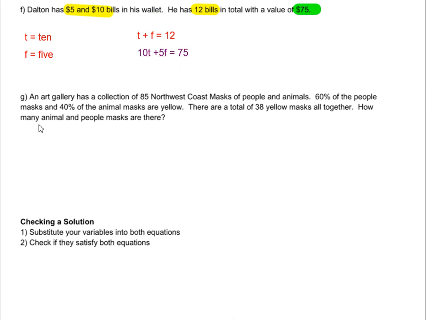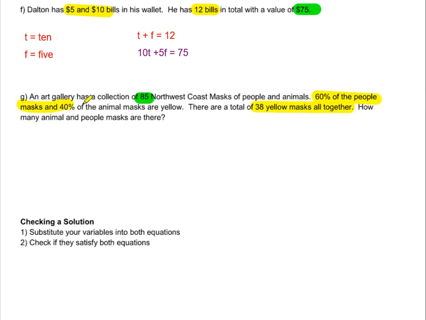An art gallery has a collection of 85 Northwest Coast masks of people and animals. So there are 85 masks in total. 60% of the people masks and 40% of the animal masks are yellow. There are 38 yellow masks altogether.